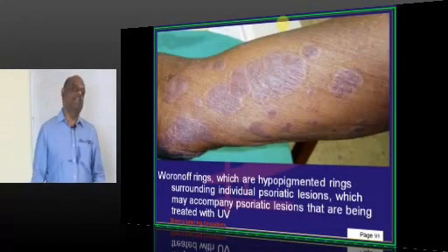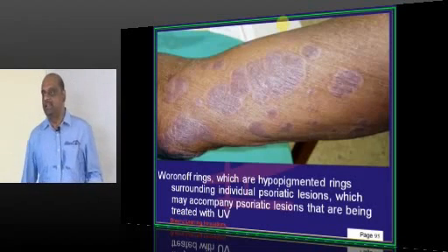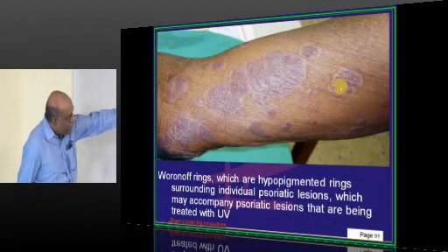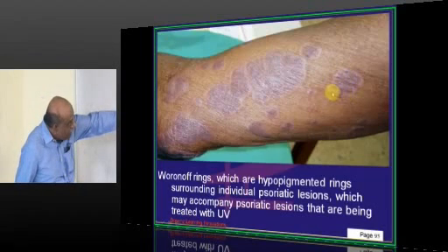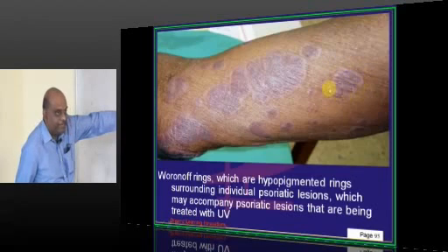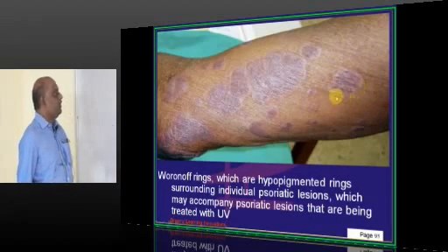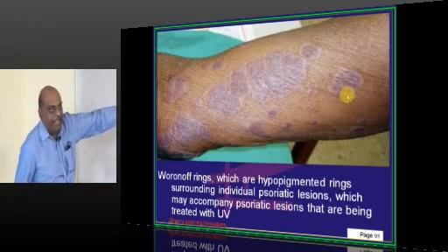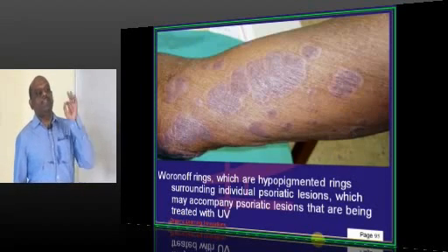Then in psoriasis there is a very interesting thing called Von Roth's rings. What is the meaning of Von Roth ring? If you take any scale of psoriasis, around that there is one small pale ring. Are you able to see, doctor? Can you see? The pale ring around. So that surrounding hypopigmented pale ring around the psoriatic lesion is basically called Von Roth's rings.